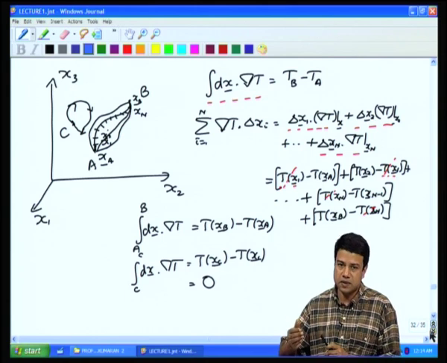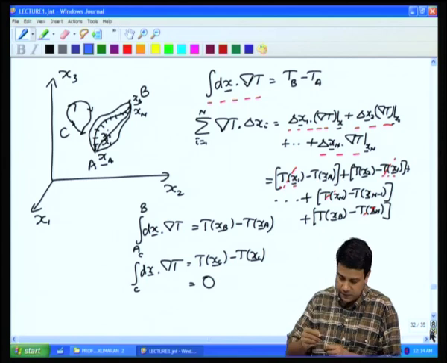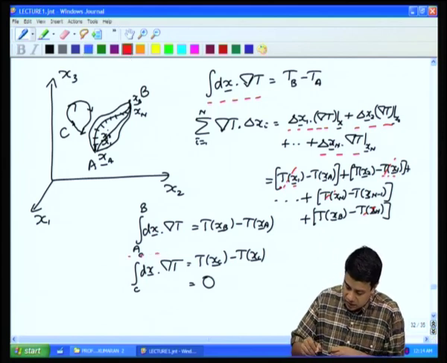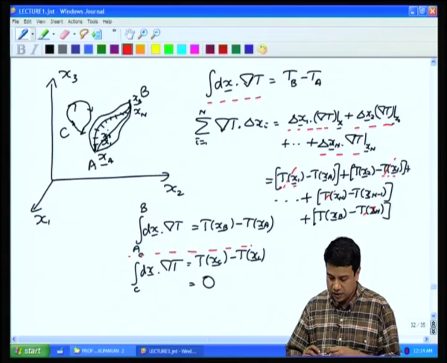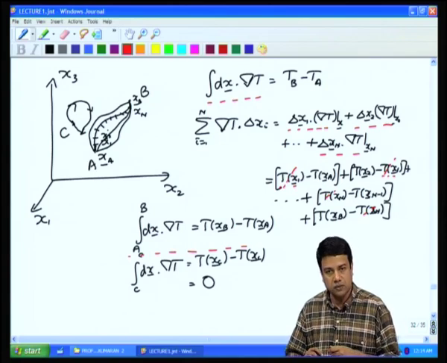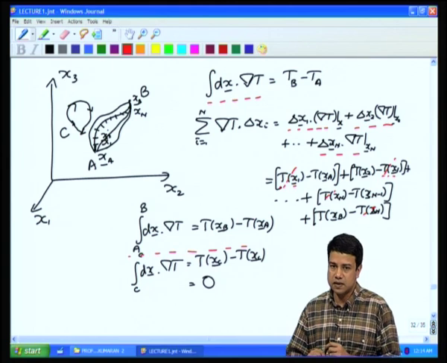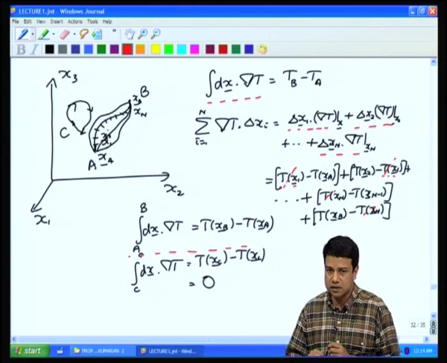You are just left with the temperature difference between the initial and final locations. So, that gave us the integral relation for grad T. The integral between two locations A and B of the differential displacement dx dotted with grad T was equal to the difference in temperature between the initial and final locations.